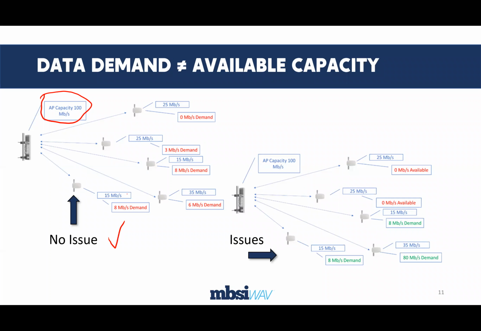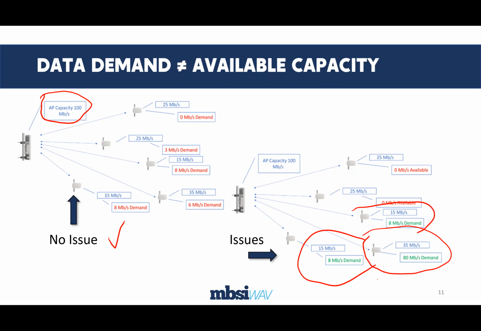Over here in the right-hand side case, now I've got some issues with this network because I've got one subscriber unit that's got a monstrous demand right here, and a couple other subscriber units that the demand is pretty healthy. And what it ends up doing is shutting out the other two subscriber units, because these three are taking up the entire capacity of the access point.